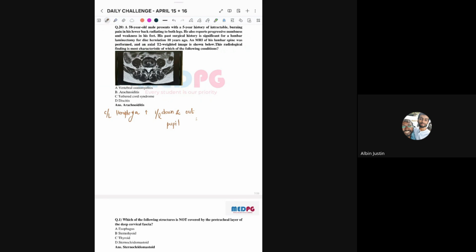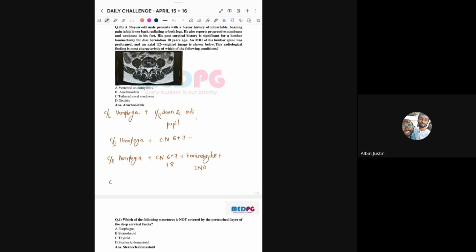Then you have contralateral hemiplegia with cranial nerve 6 plus 7. Then contralateral hemiplegia plus cranial nerve 6 plus 7 plus hemisensory loss, plus 6 plus 7 plus 8 plus INO.